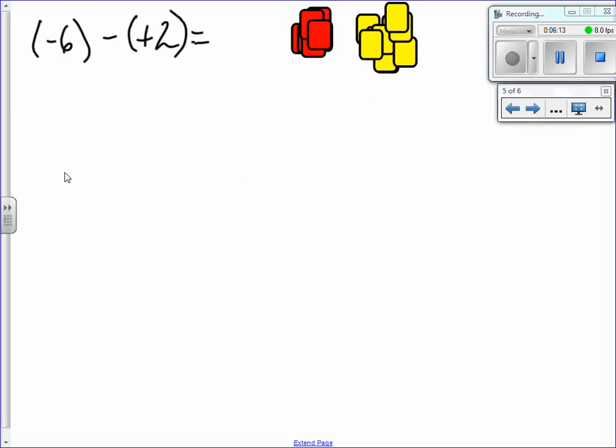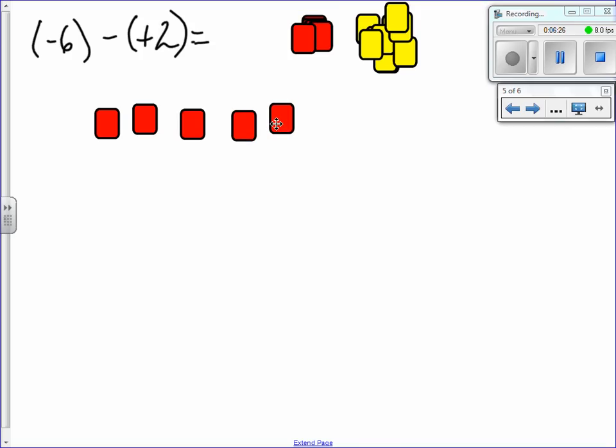The next one looks like this: minus 6, or negative 6, minus plus 2. Well, okay, we've got the number to start off with, so we can put out our 6. 1, 2, 3, 4, 5, 6. And I'm supposed to take away negative 2, or positive 2. But I don't have positive 2. I've got negative 6, but I have no yellows out here. So I have to put out the 2 that I'm going to take away.